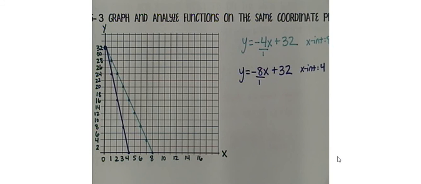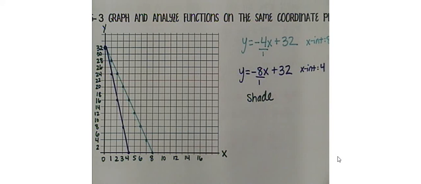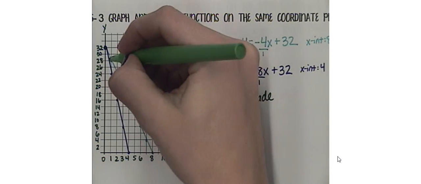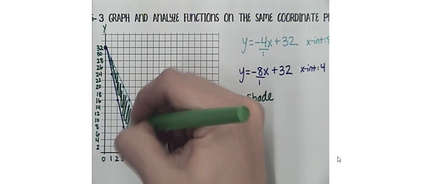Maybe we're dropping parachute guys. And go ahead and shade the common area, which is in between.